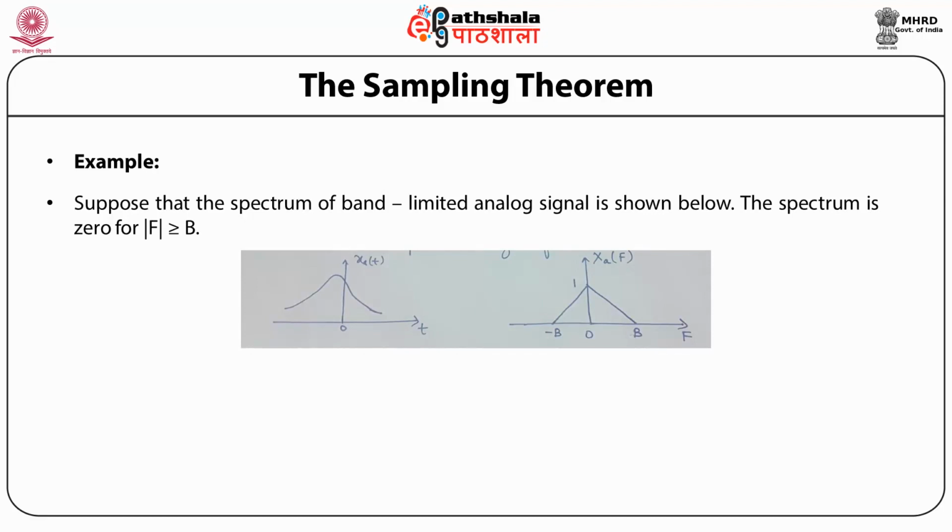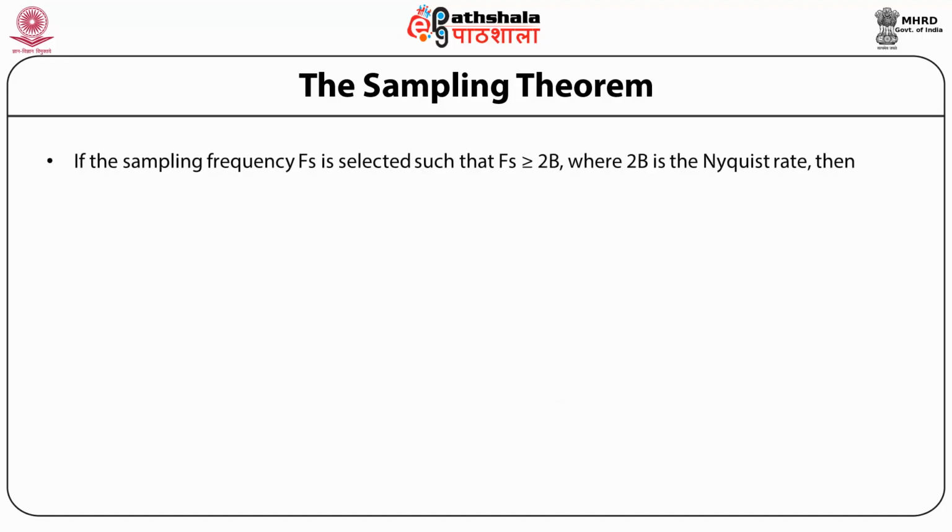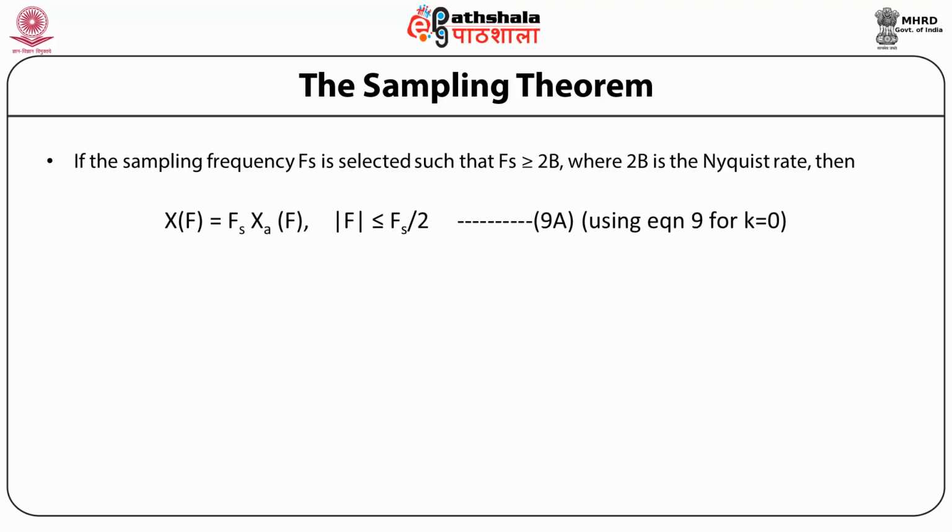The spectrum is 0 for modulus F greater than or equal to B. Now, if the sampling frequency fs is selected to be greater than 2B, then the spectrum x(f) of the discrete time signal is shown in this figure. Here, fs is greater than or equal to 2B, where 2B is the Nyquist rate, then x(f) equals fs xa(F), where modulus of capital F is less than or equal to fs by 2.